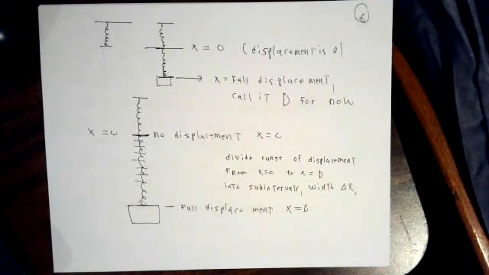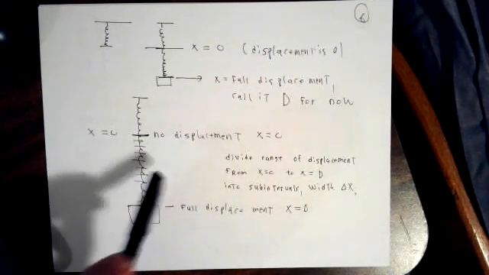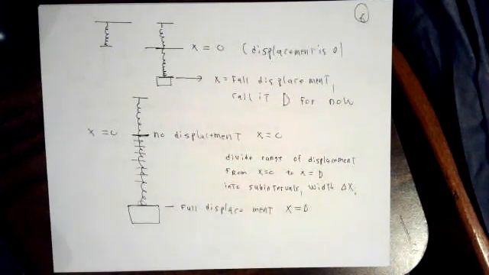We want to calculate the amount of work that's needed to do this. And I already know that multiplying force times distance is not going to do it for me. So you can imagine what we're going to do. We're going to chop the region from x equals 0 to x equals capital D up into a number of smaller subdivisions.